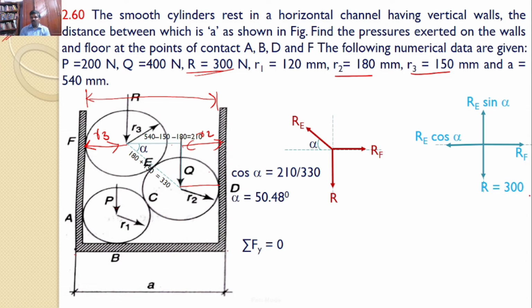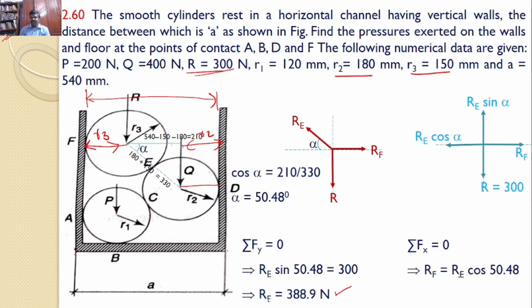RE sin alpha is equal to R, which is 300. Or you can find RE is equal to 388.9 newtons. Now sigma Fx is equal to 0. RF is equal to RE cos alpha, and the RE value is known. You can substitute here and you can find RF is 247.48 newtons. This is one of the answers for the problem, RF.